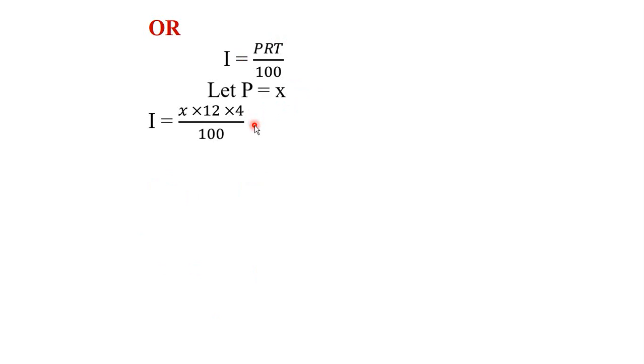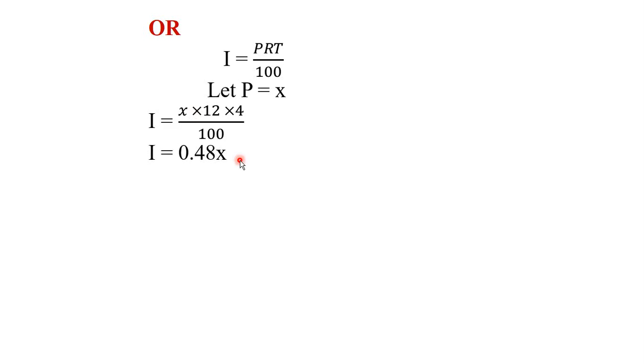And when we substitute, that will give us X times 12 times 4 divided by 100. Now 4 times 12 divided by 100 will give us 0.48 times X, that will give us 0.48X. So it means that I, which is the interest, is 0.48X.